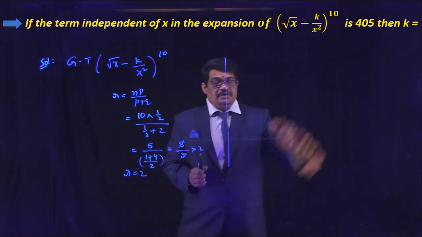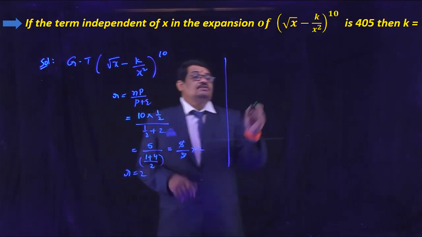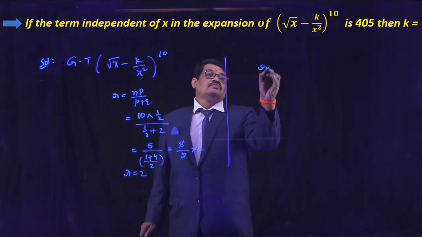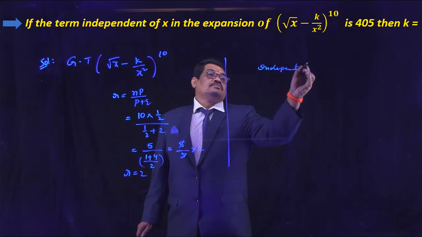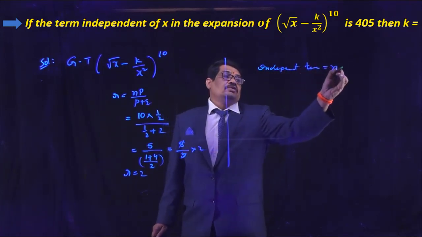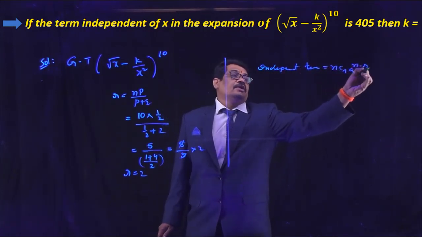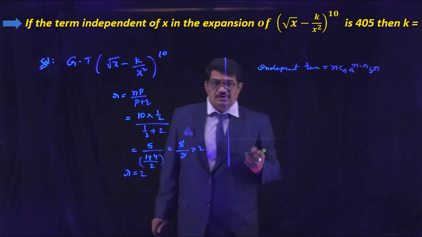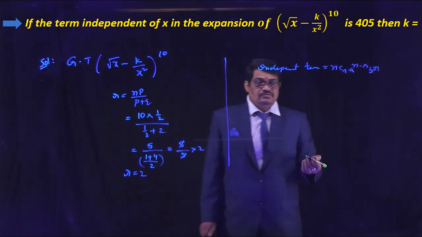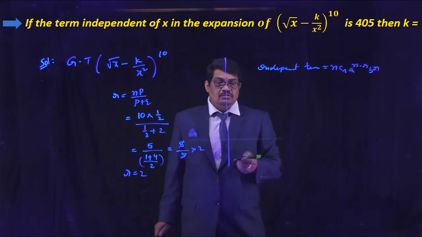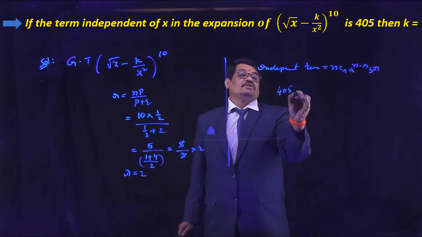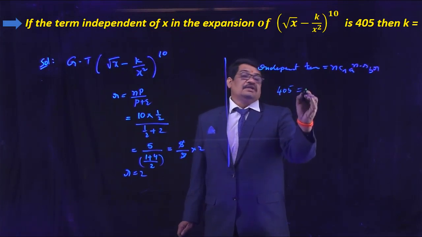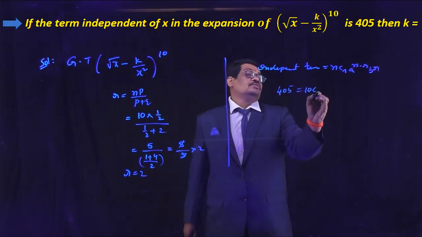We are using the direct formula: independent term is equal to nCr a^(n−r) b^r. So it is given that 405 is equal to nCr. Here n is 10 and r is equal to 2.